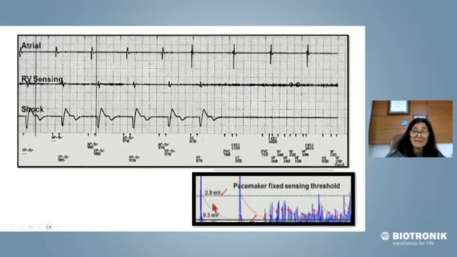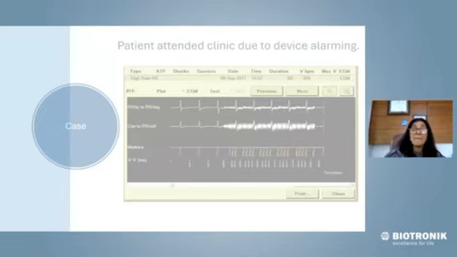But unlike that, in an ICD, the sensing is anything above 0.3, it will see. So you can see here the patient's R wave, which was more than 5, was sensed. And subsequently, it sensed these myopotential diaphragmatic signals as a ventricular fibrillation and sensed them, and hence withheld pacing as well as gave a therapy.